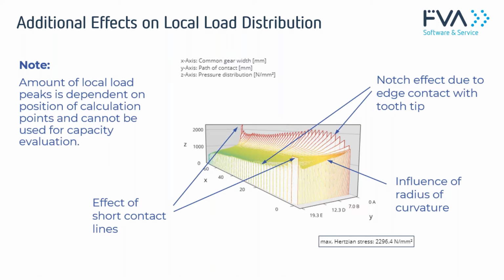That's more or less a singularity, and this leads to very high pressure values, which are concentrated in a very, very small area. So the question is, do these high pressure values really lead to gear damage?